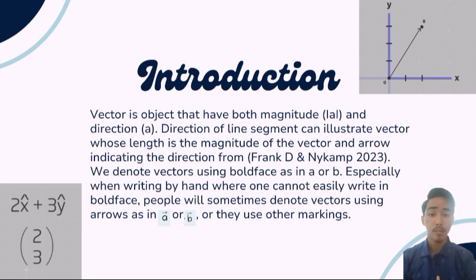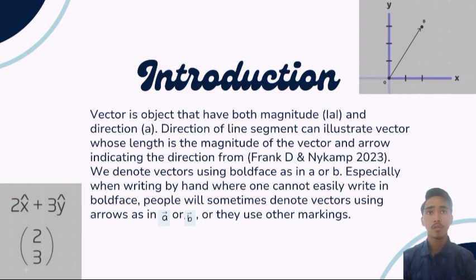That is an example of vector, which has a magnitude, 25 kilometer per hour, and the direction, straight line or to the north or to the south of the city. This is an example of vector.